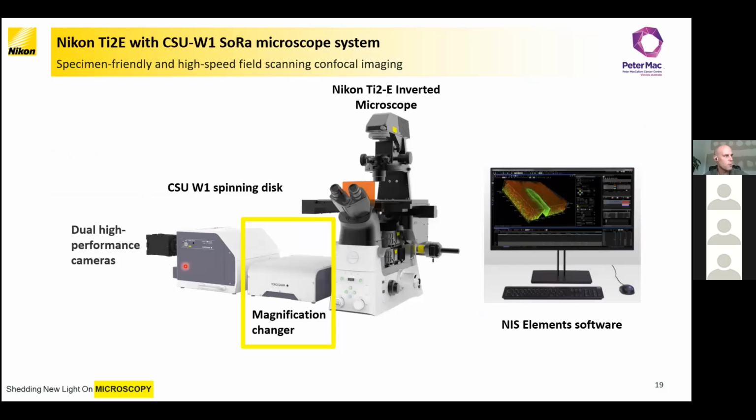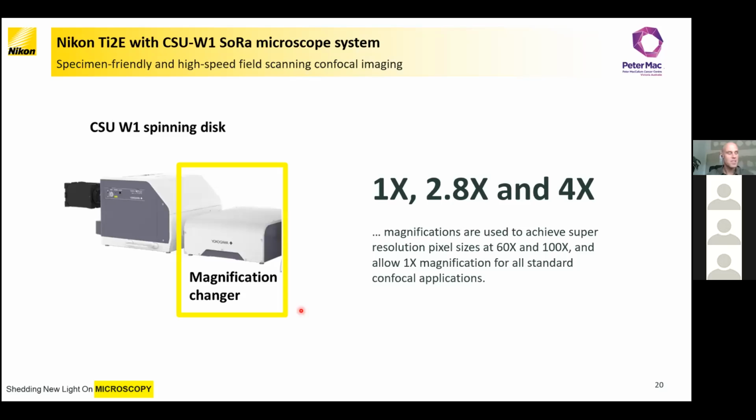I think that's all I'm going to talk about too much with the spinning disk system. As part of this system, there is also what we call the magnification changer, a very technical name for something that does exactly that. Within this magnification changer, we've got the 1 times magnification for standard confocal imaging, and there's a 2.8 and a 4 times position within this for use with the 60 times and the 100 times objective.